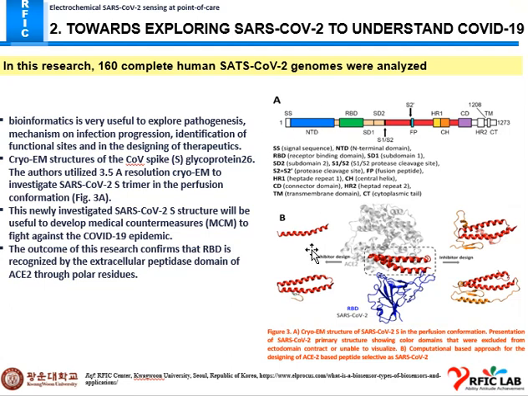For the structure analysis, bioinformatics is an important part for infection progression and identification, and functional site identification, which site is very functional and working very effectively to transmit and to replicate the virus into another cell. The B part is a secondary structure and computational based approach for the designing of ACE2 based peptide synthesis.